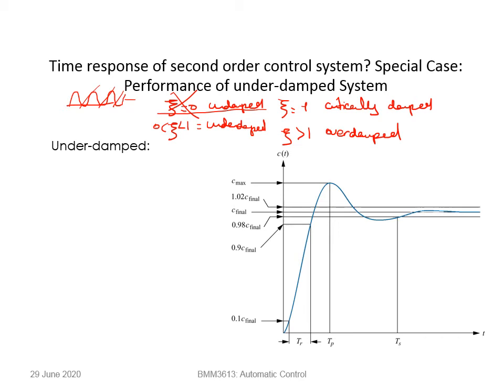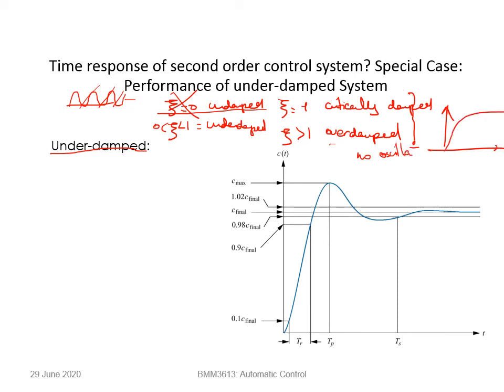So why do we treat only the underdamped case? Well, for critically damped and overdamped, how does the time response look like? Can you tell me? Critically damped means there is no oscillation, and overdamped is so overdamped that you can see no oscillation at all. The similarity between both is that we don't see any oscillation in the time response.